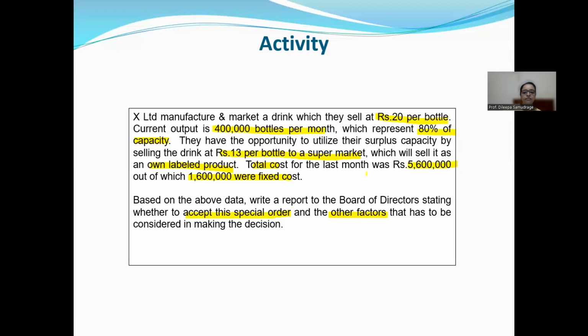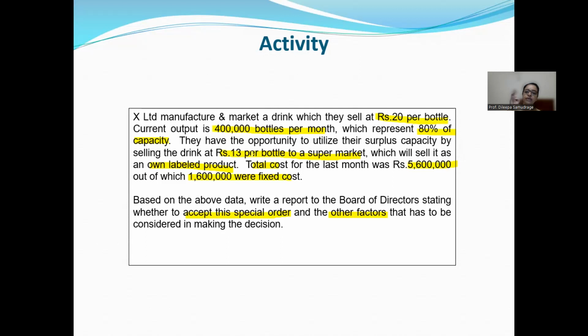Okay, so now you know the variable cost per bottle. So what you have to do when you accept a special order is decide whether the special order gives you a contribution. So the special order price is how much? 13 rupees. So 13 rupees is the price that you get, right? The revenue is 13 rupees per bottle.